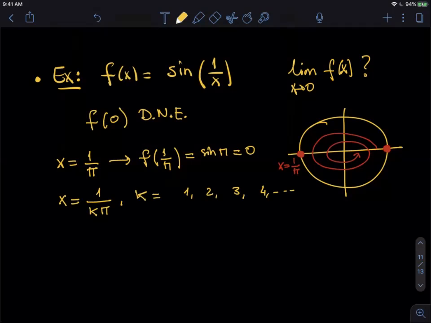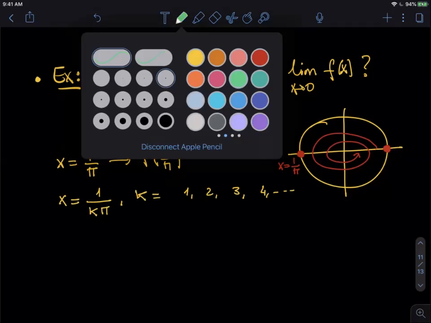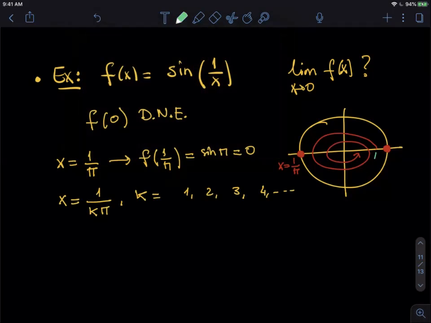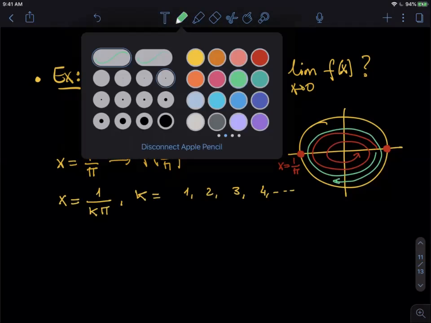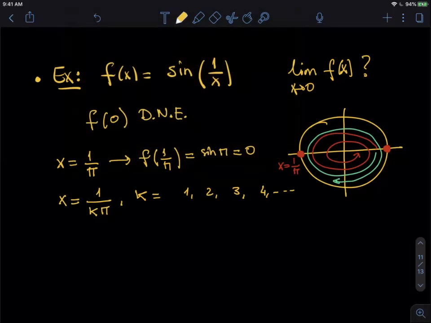But we could also go backwards, and we could do negative pi, or negative 2 pi, negative 3 pi, and so on. So actually we have the plus and the minus, plus and minus 1, plus and minus 2, plus and minus 3, plus and minus 4, and so on.